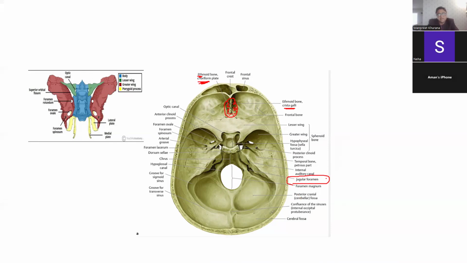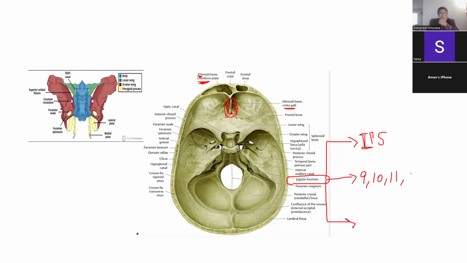No, it is divided into three parts: anterior part, middle part, and posterior part. In the anterior part, we remember it as IPS, inferior petrosal sinus. Very good. In the middle part, we have three cranial nerves, 9, 10, and 11.